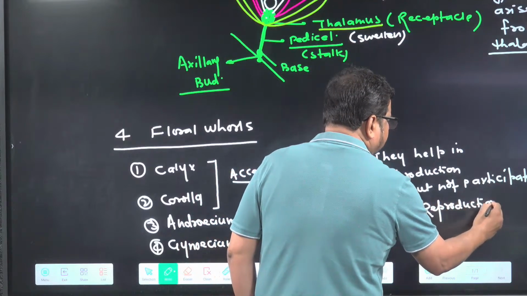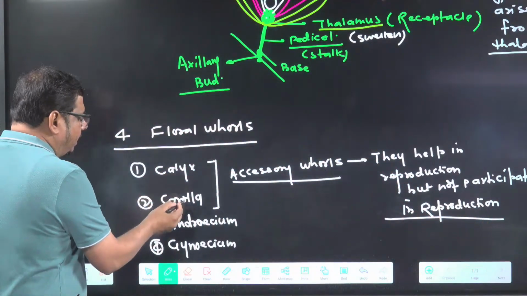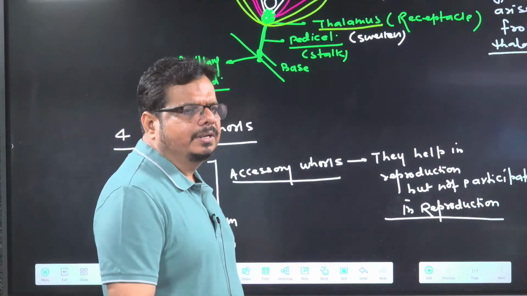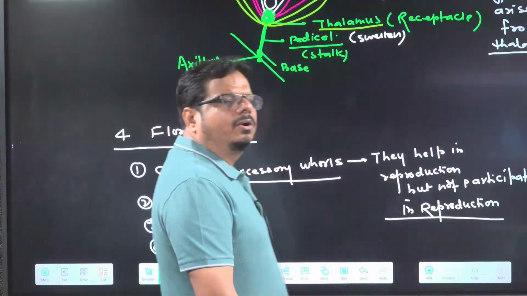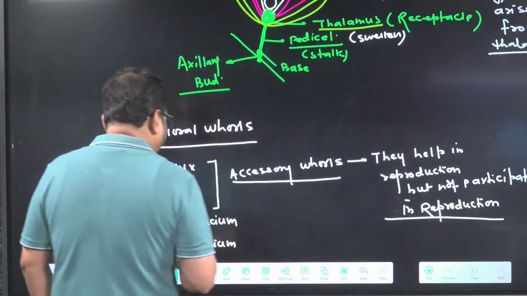Getting the idea or not? Who is helping in reproduction? Calyx and corolla are helping in reproduction, but they are not participating in reproduction. Hence, they are called accessory whorls. Keep in your mind.